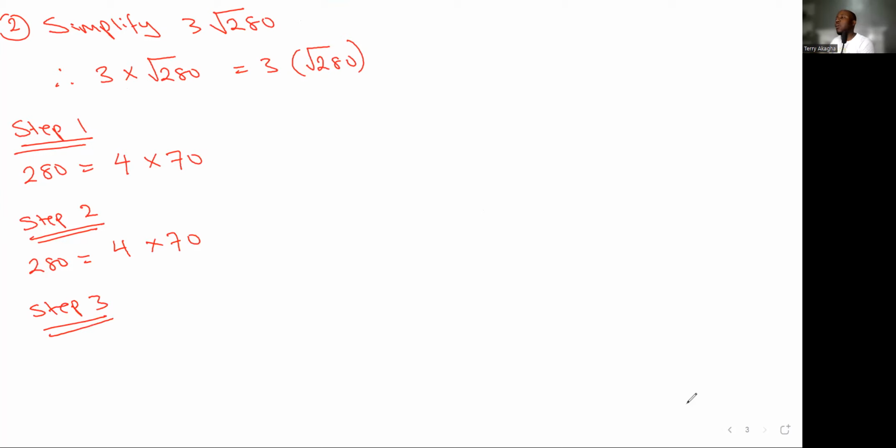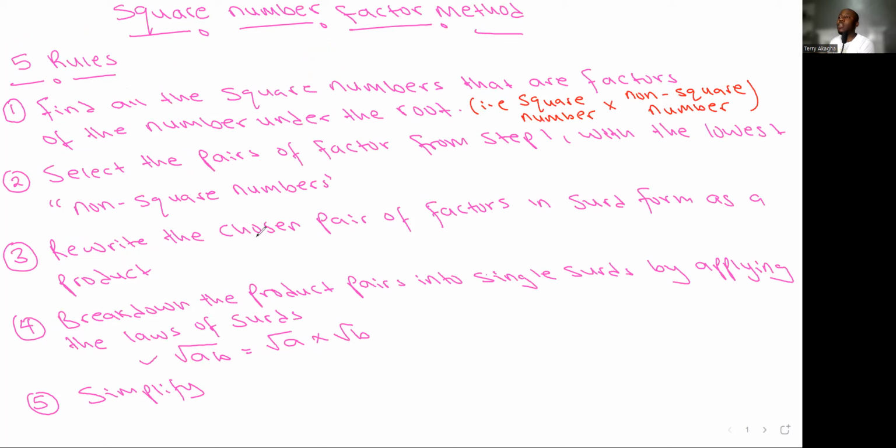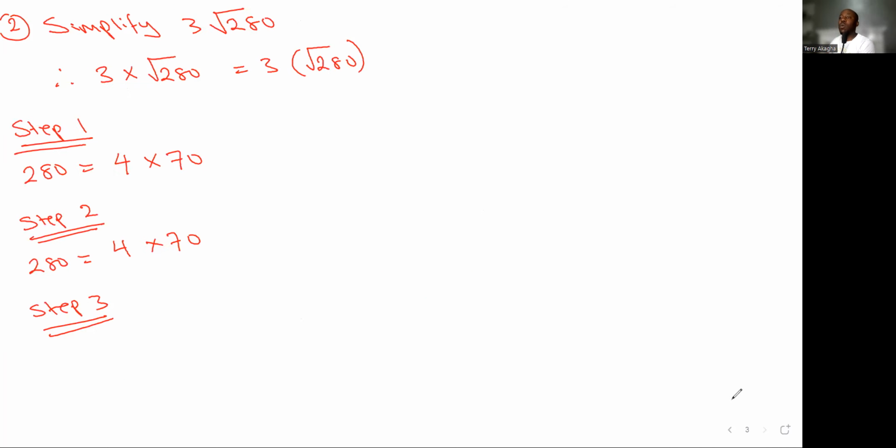Now, after that, we go to step 3. Okay, step 3, we're told that we have to rewrite the chosen pairs in surd form as a product. So square root of 280 will give you square root of 4 times 70.